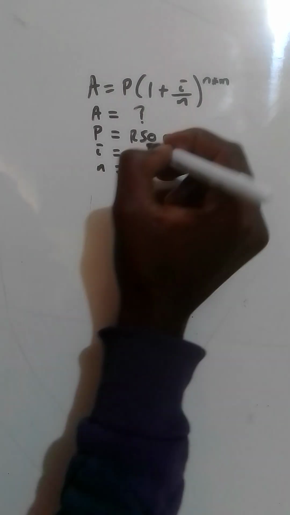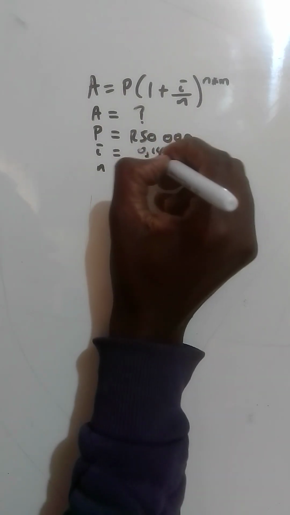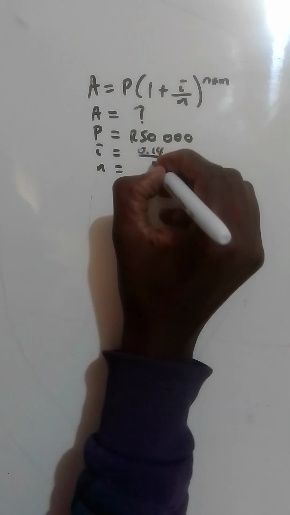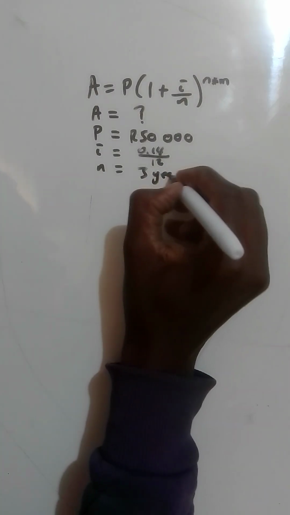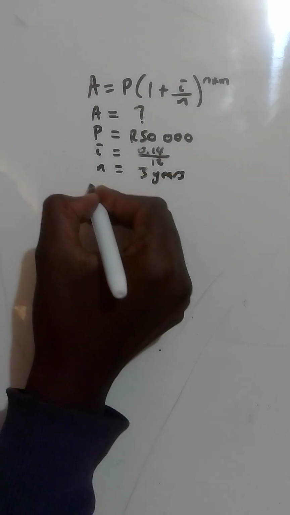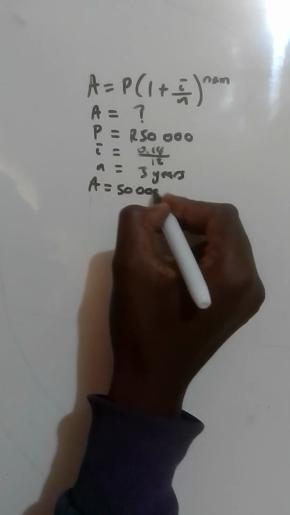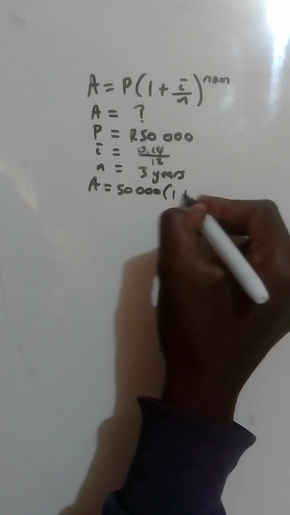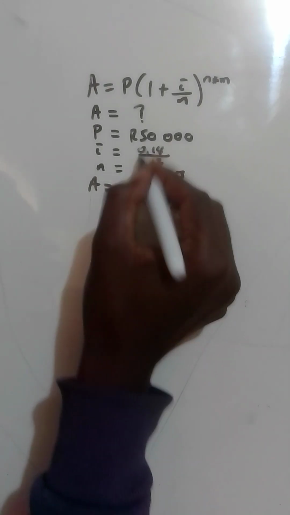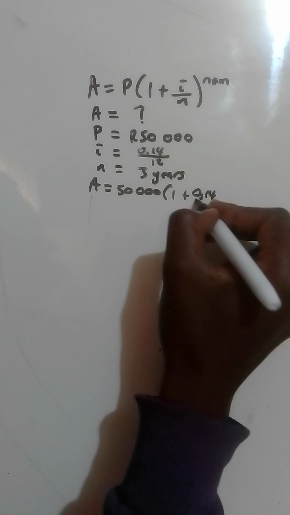And then the interest rate for the first 3 years was 14%, right? So we are told that it's 14% and it compounded on a monthly basis. So it's 0.14 divided by 12. And we are told that it's for 3 years. So when I now say A is equal to the principal, which is 50,000 rands, and then I open the bracket, I say 1 plus 0.14 over 12, close bracket.